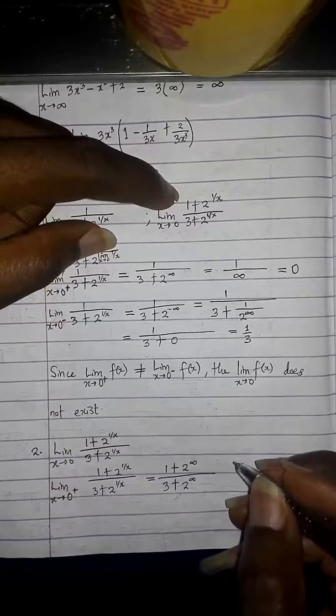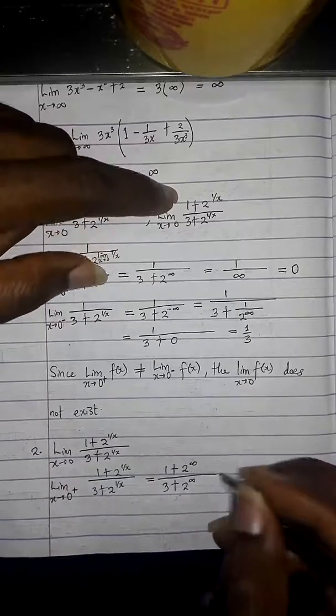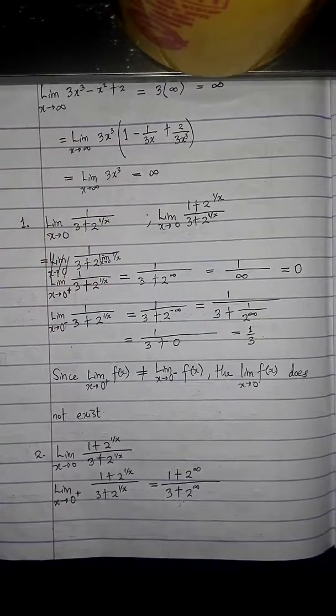So in this case, basically you are going to get infinity over infinity, which is indeterminate.